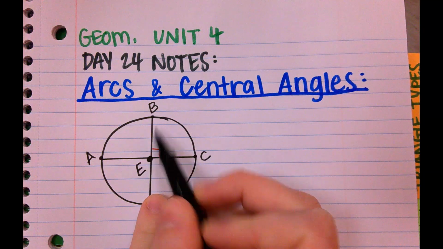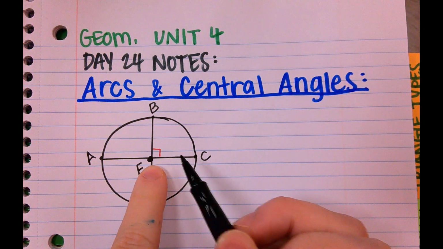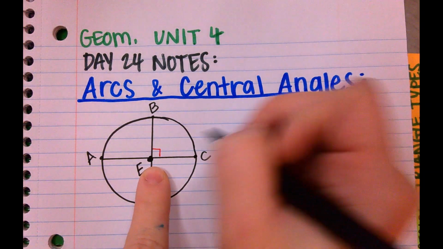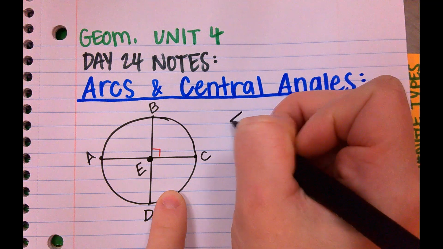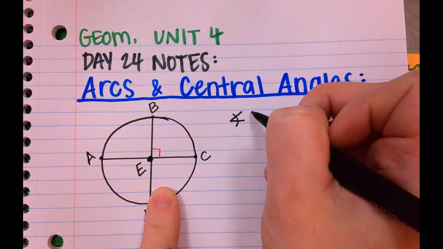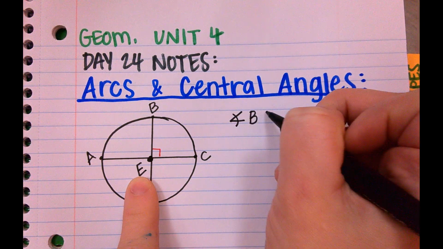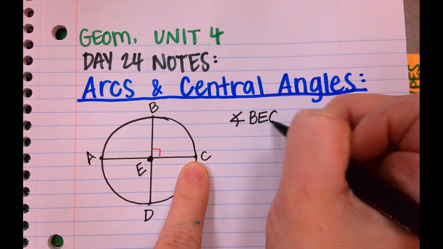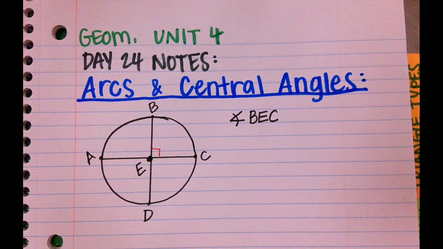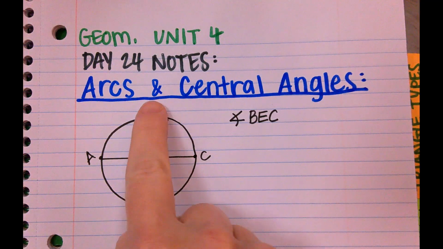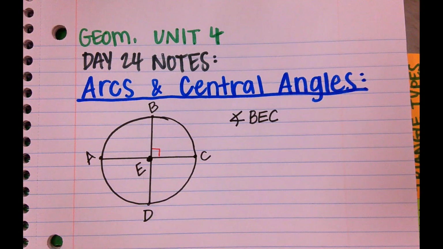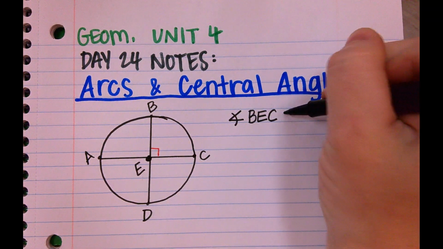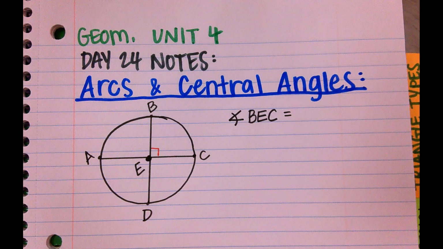The vertex, or the point of the angle, goes in the middle. So we would label this as angle BEC. That is 90 degrees.